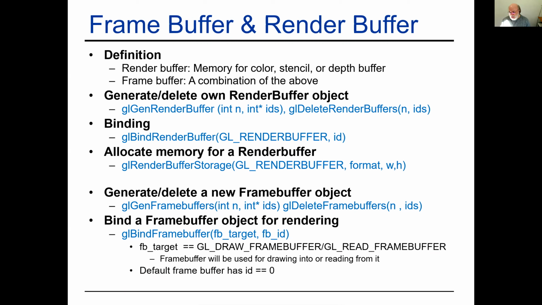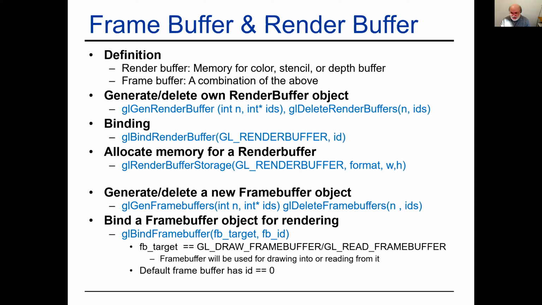And then in addition, so this is for the individual buffers, you can have a frame buffer object, and you can bind the frame buffer object for rendering. So again, you can have multiple of those.